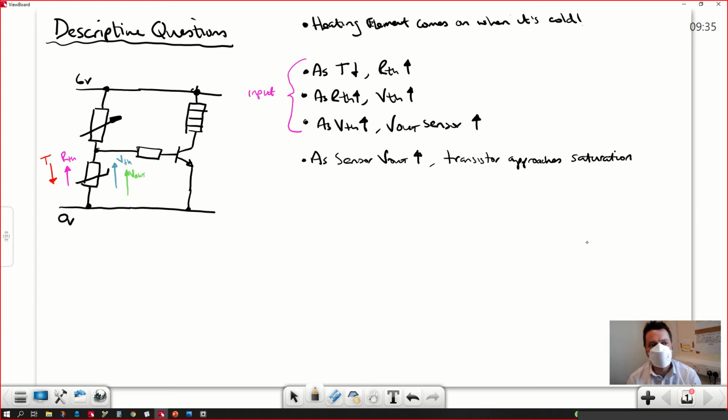Saturation is that word that we use to describe it when a transistor is all the way on. When transistor saturates, the heating element will heat up.